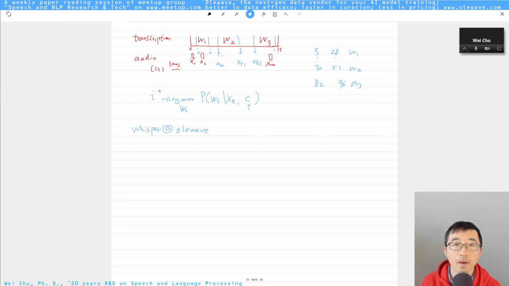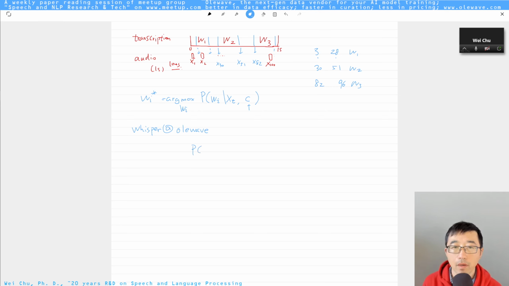And in that paper, let's first forget about how the word stamp is estimated. What they are doing is using an autoregressive method to estimate the word Wi.